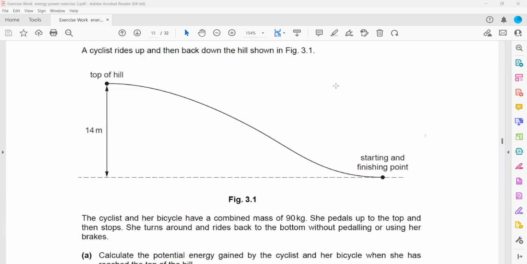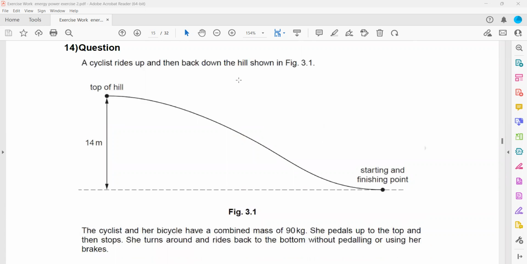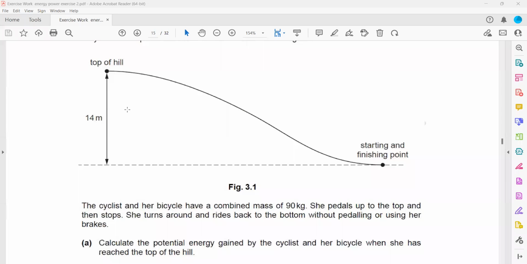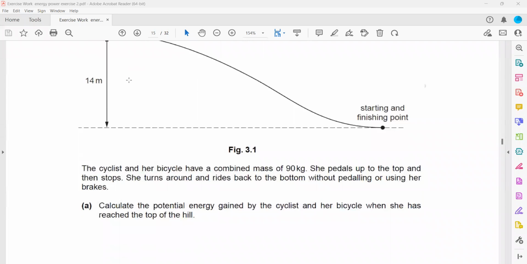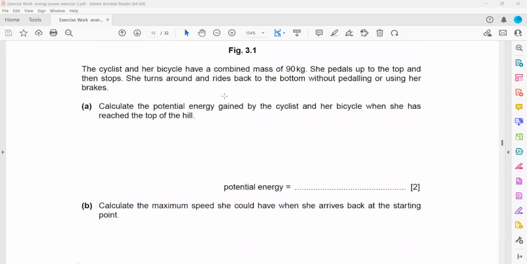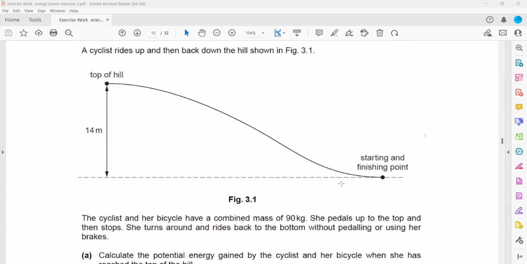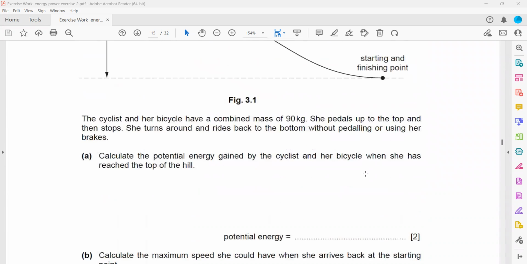Question 14, this will be the last question for discussion, and then the remaining you will solve at home. The cyclist rides up, then back down the hill. The top of the hill is 14 meters above the ground, the finishing line. The cyclist and her bicycle have a combined mass of 90.